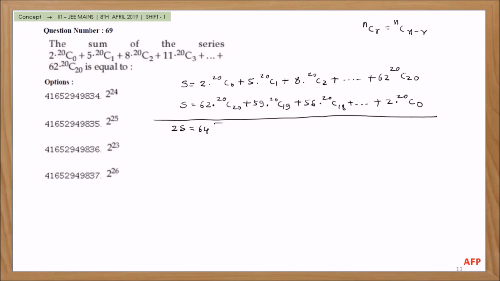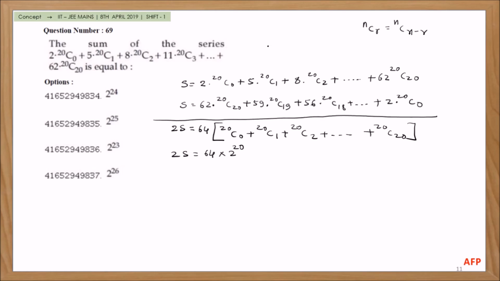So the sum has 64 as a multiple, so we will take it outside. 20c0 and 20c20 both are same, so we write 20c0. 20c1 and 20c19 both are same, so we write 20c1. 20c2 and 20c18 also same, and so on up to 20c20 and 20c0 also same, so we write 20. So 2S equals 64 into 2 raised to 20.